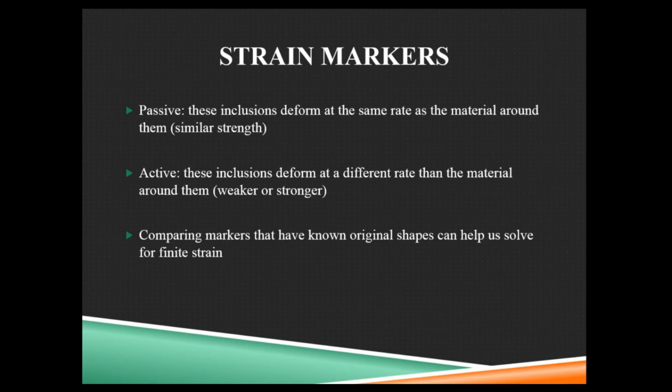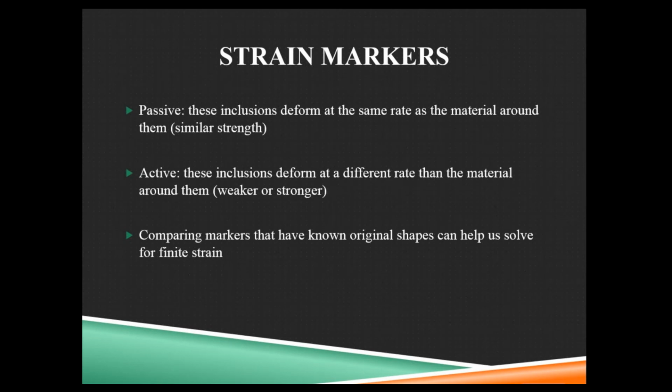The red clay in the middle of the blue clay: passive marker, it's deforming at the same rate. An active marker deforms at a different rate. It could be faster, it could be slower, but basically it's active. It's doing it at a different speed than the background.